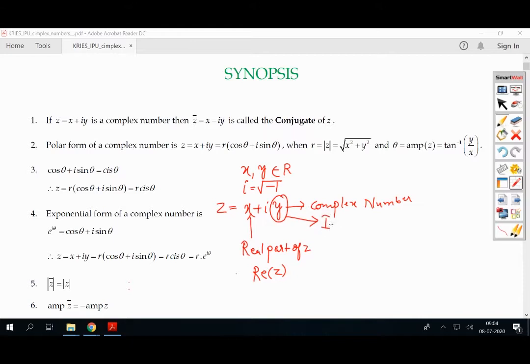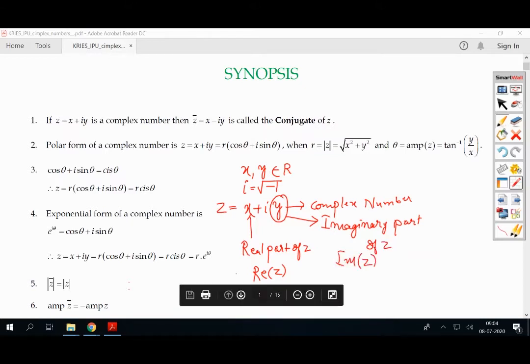So we call it the imaginary part of complex number z. Imaginary part of z is denoted by Im z. These are the notations you already studied in your regular theory classes.